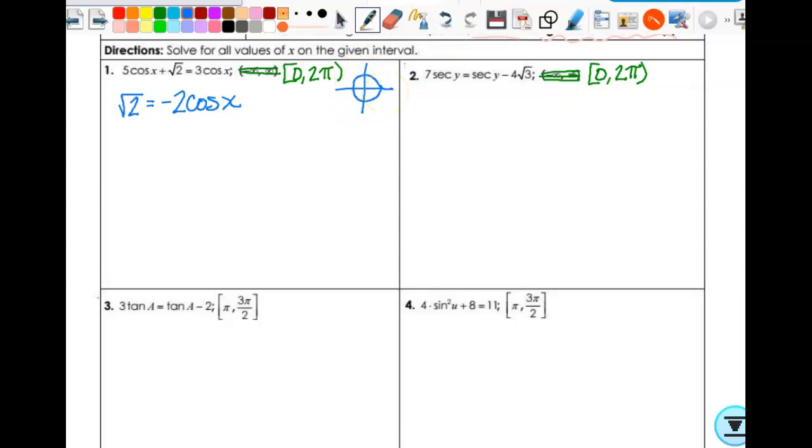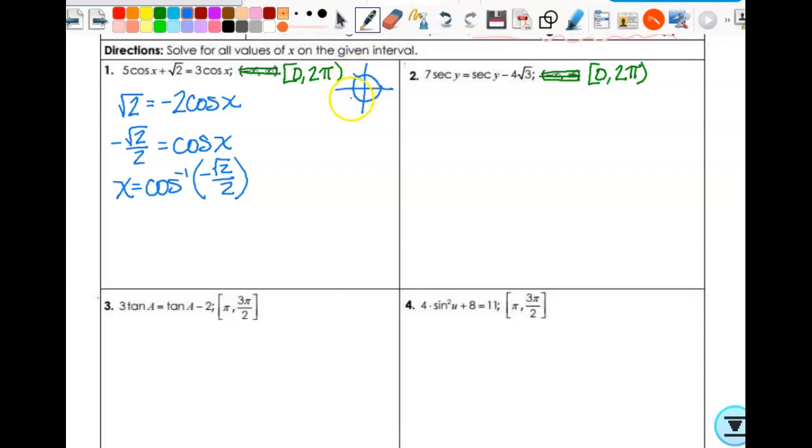All right, trying to get cosine of x by itself. So I'm going to divide by the negative 2, so I get negative square root of 2 over 2 equals cosine of x. So that means that x equals the cosine inverse of negative square root of 2 over 2. All right, which quadrants is cosine negative in? 2 and 3.